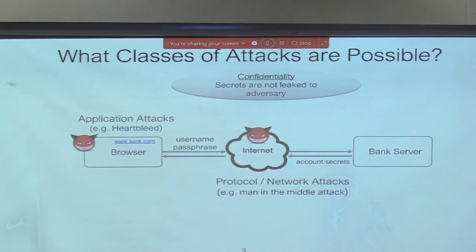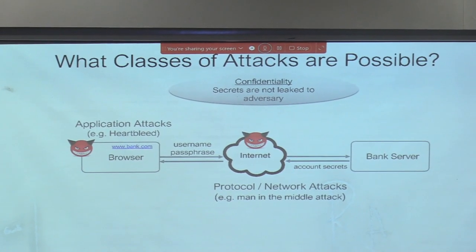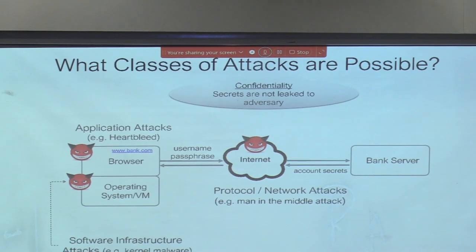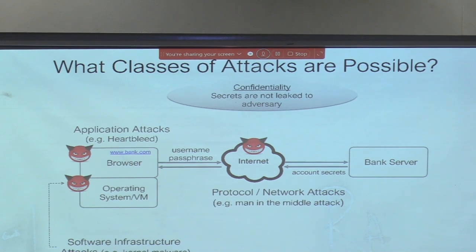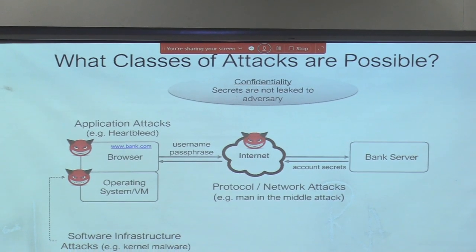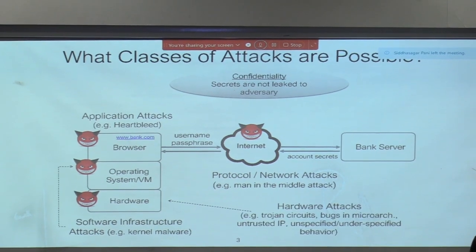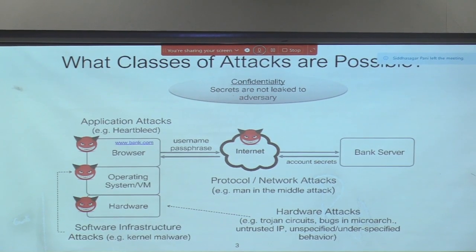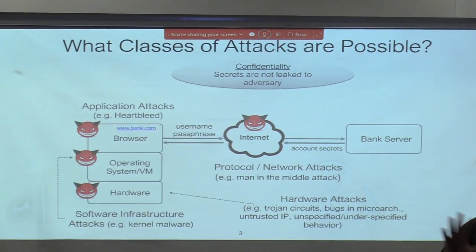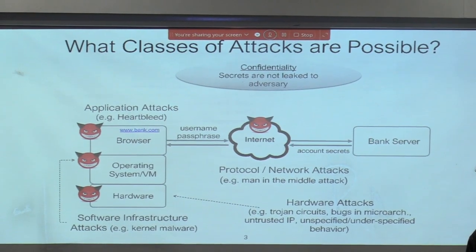But of course, we're also very much familiar with attacks at the software level, right? So application level attacks at both the user level as well as the system level of software, which I'll together call software infrastructure attacks. And then there are, most recently, there's been growing interest in looking at hardware attacks, right? And so the landscape of possible attacks is very broad.